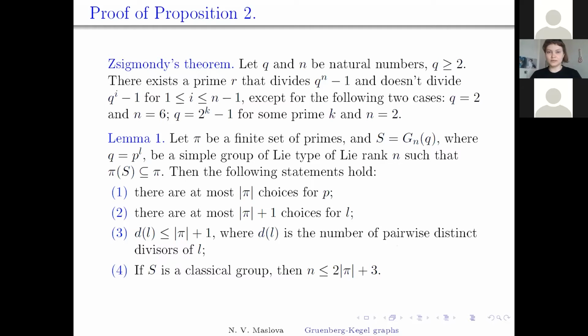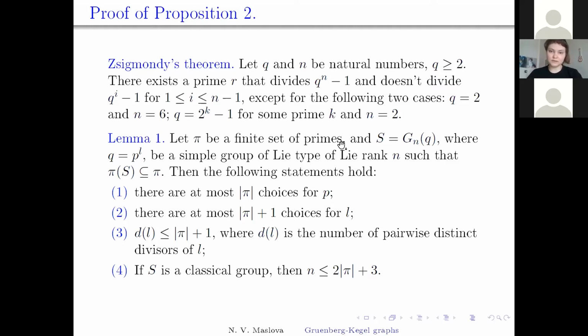If q and n are natural numbers such that q is greater or equal to 2, then there exists a prime dividing q^n minus 1 and not dividing q^i minus 1 for each i less or equal than n minus 1, except for the following 3 cases. So not many exceptions. And using this theorem, we can prove the following number theoretical lemma.